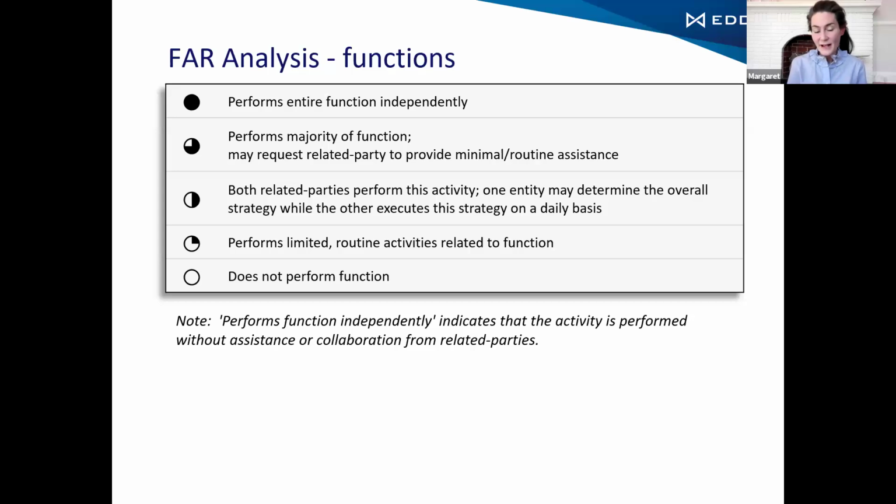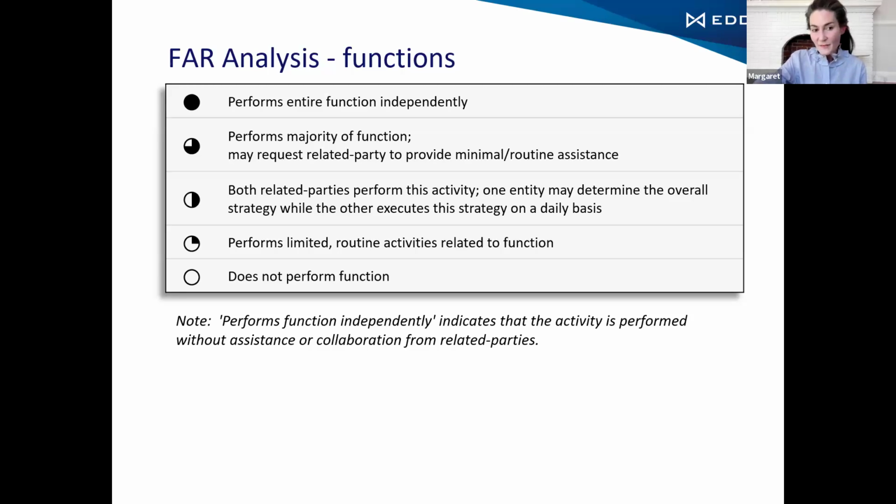So I wouldn't assume that a tax authority would just know that a function's not being performed just because it's not described or discussed. So even if it's not performed, still just make a note, not performed. It's quick and it saves you potential time and questions later on.